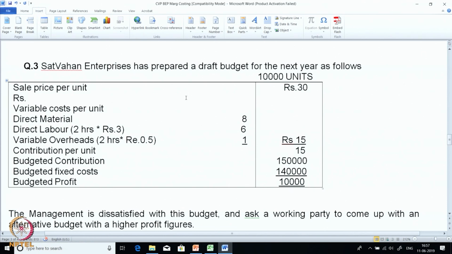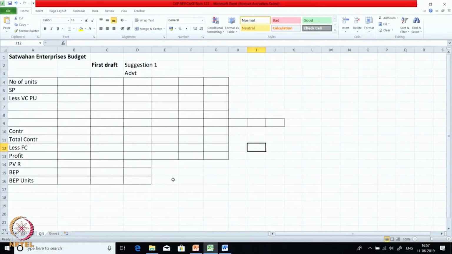Okay. Now start doing it with me. How will you start? I have just drawn a structure for you for ease of understanding. Firstly, just record the current draft in a proper format.